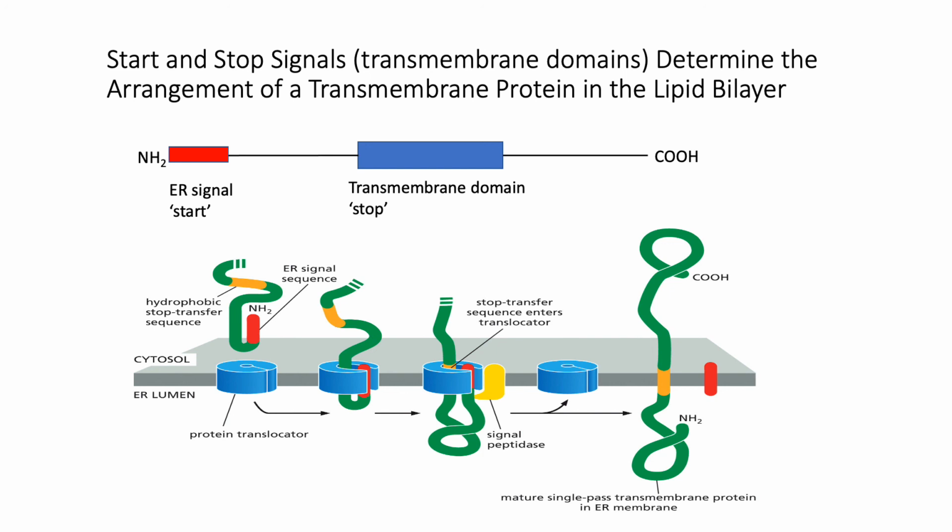It ultimately gets cut off by the signal peptidase. But as translation continues, it pushes the protein through this protein translocator until it gets to the hydrophobic alpha helix, which in this situation is a stop transfer sequence.